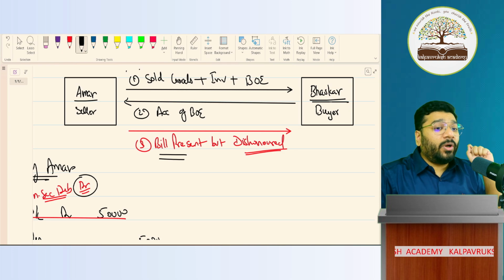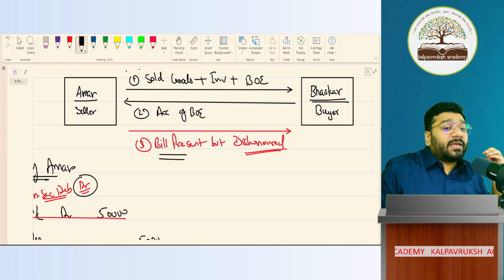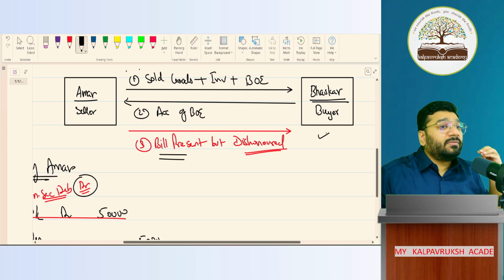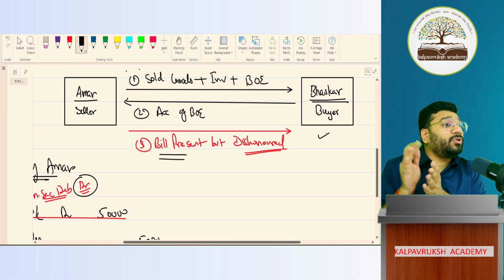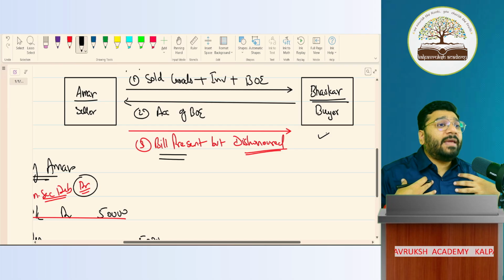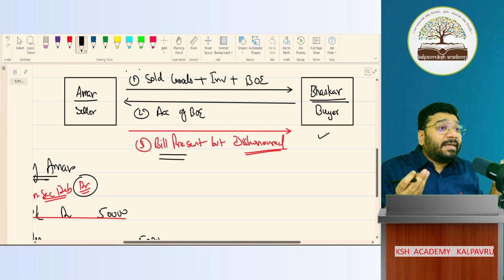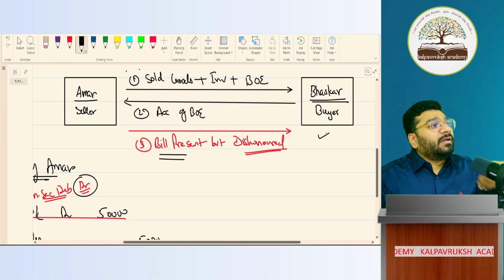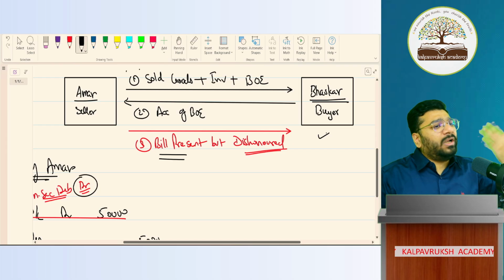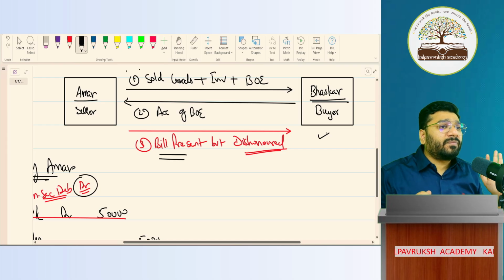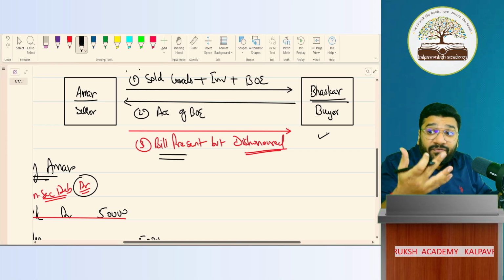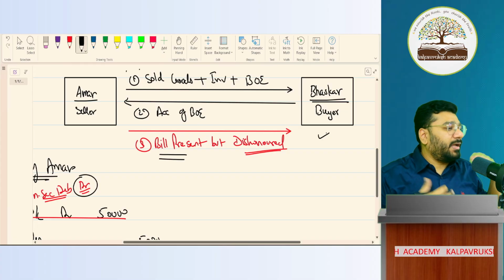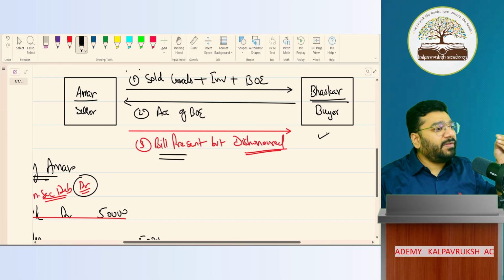So renewal is what? The buyer himself approaches genuinely, saying that because of so and so genuine reason, I'm not in a position to make the payment as promised. So kindly cancel the old bill and give me a new bill for a new credit period. 1 month, 2 months, 3 months, whatever it is. So here, Bhaskar is approaching from the front. Amar will feel, of course, if he's not getting the money, he'll feel that pain.